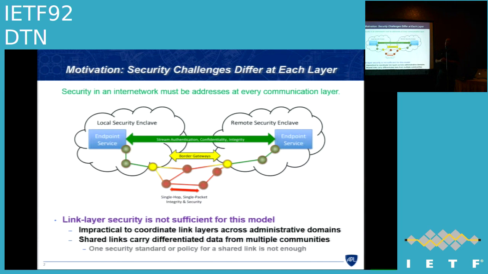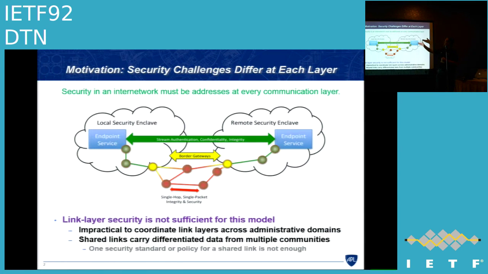Originally, link layer security was how we did this. At the application layer, we need an end-to-end model because when you have different classes of users coming into a system like this and reusing the individual links, you have shared access to the links and you need a higher level of fidelity.